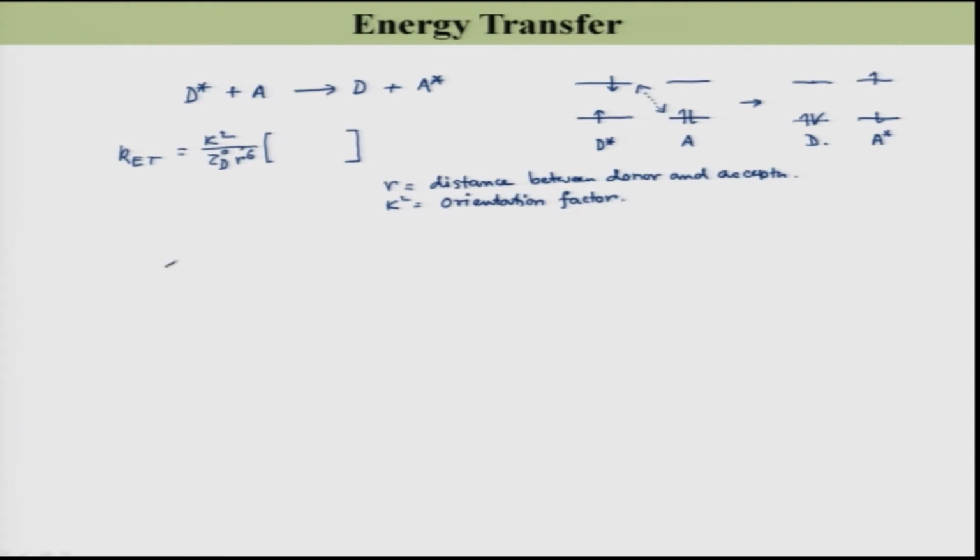Let us say this is the donor dipole oriented in this fashion, and this acceptor dipole is oriented in this fashion, and this is the distance between donor and acceptor.